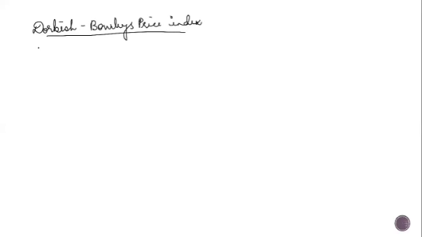The formula of the price index under Drobisch and Bowley of base and the current year is half, open the bracket, summation P1 Q0 divided by summation P0 Q0, plus. Why plus? Because it is the arithmetic mean of both Laspeyres and Paasche: summation P1 Q1 divided by summation P0 Q1. This is the formula of the price of the base and the current year under Drobisch and Bowley.